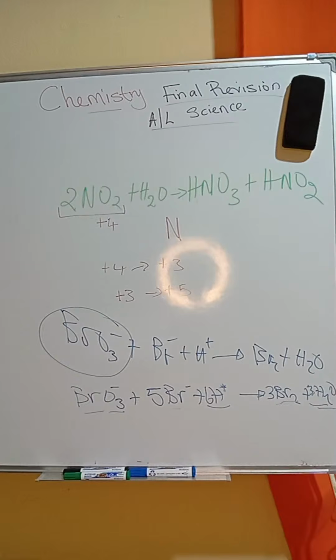So what are we saying? We are saying that it varies down the group and it varies between the groups. Let me use the words you normally know. It varies down the group and it varies across the period.